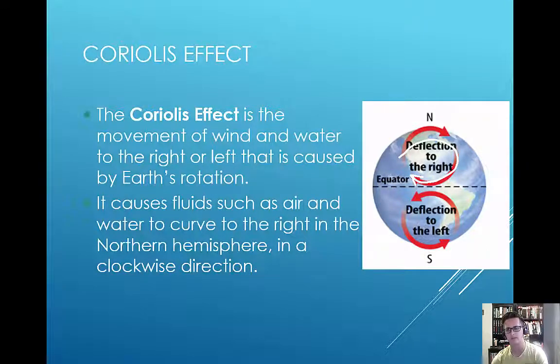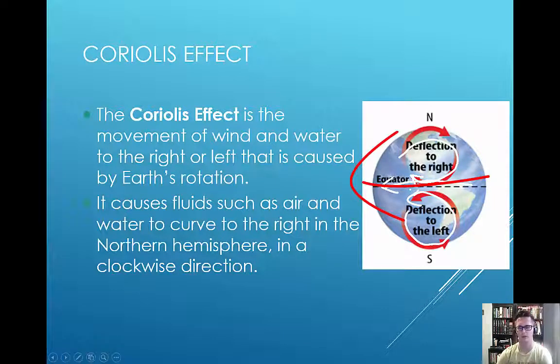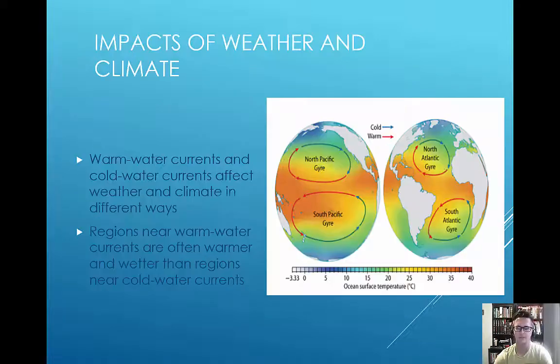And below the equator, once again, we see the water moving around and to the east. So as the Earth rotates this way, it causes water to travel and curve towards the east. And this affects how ocean currents move around the world.